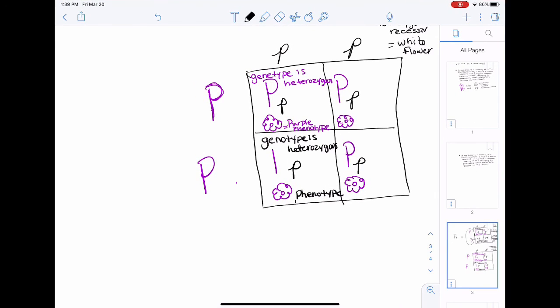So these are purple flowers, and these are purple flowers.